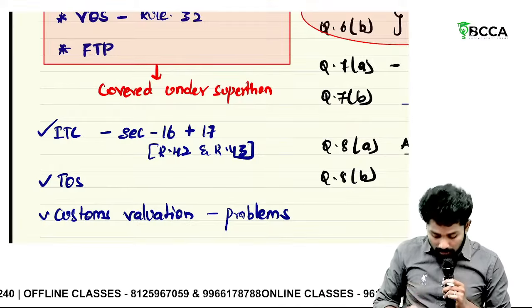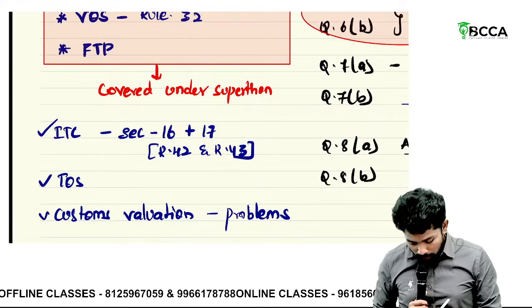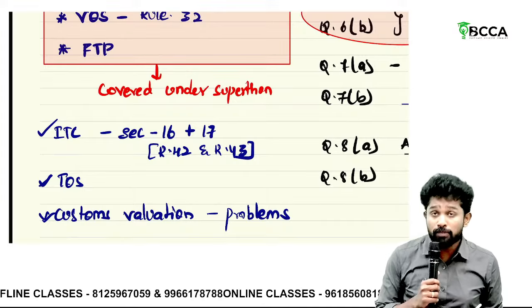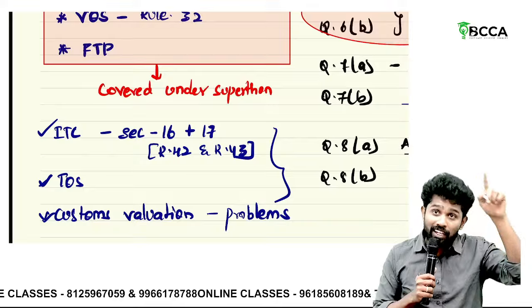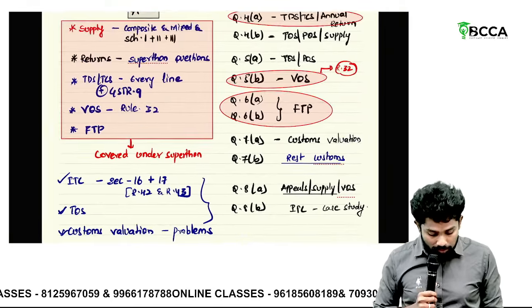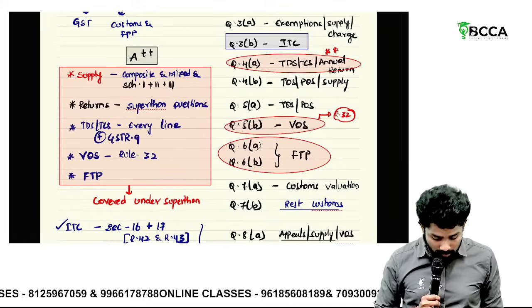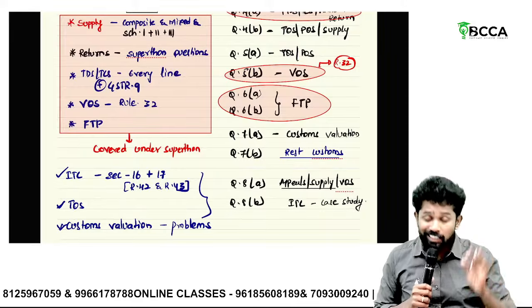So ITC, focus on that part. Time of supply is a simple chapter only. Go with time of supply and then customs valuation problem. If you do these three also, you'll be covering another 21 marks. So here already 35 marks have been covered. Another 21. So 51 marks I have said clearly here itself.